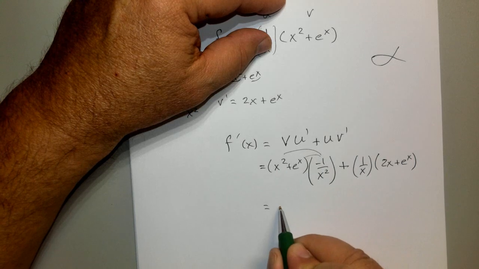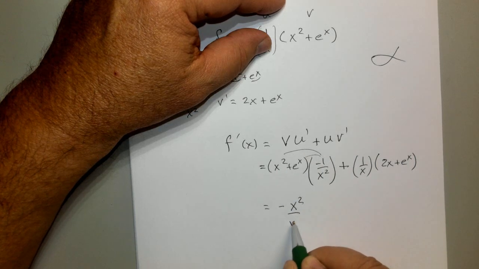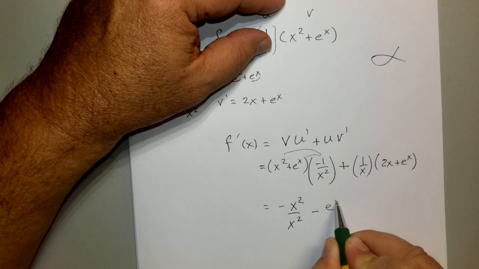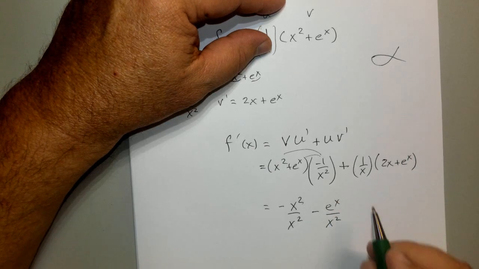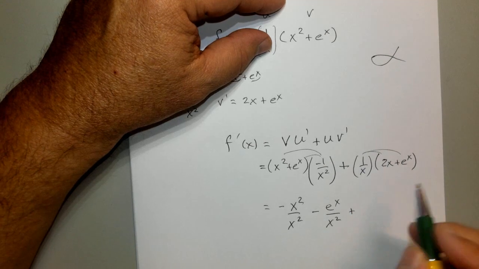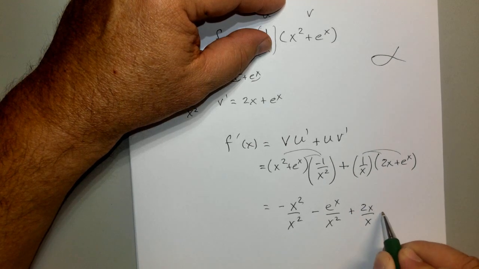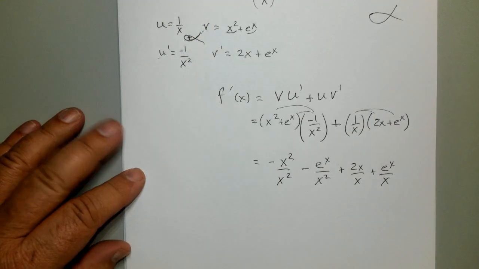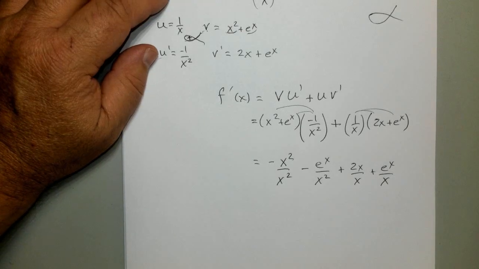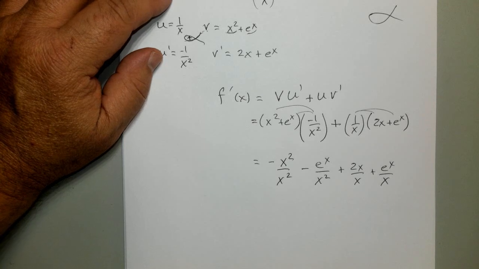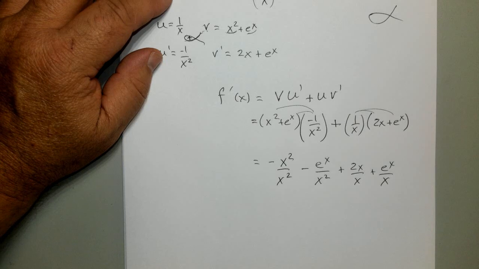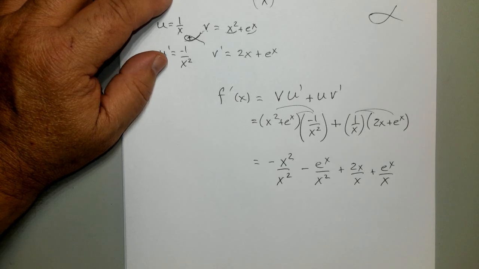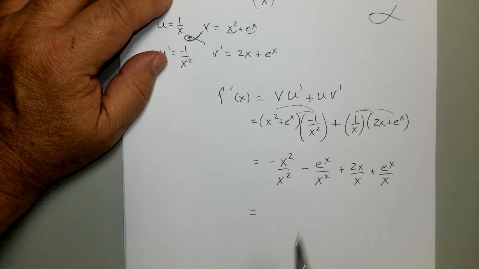Distribute that one, so we get negative x squared over x squared minus e to the x over x squared, two x over x, e to the x over x. Simplify. What happens here?